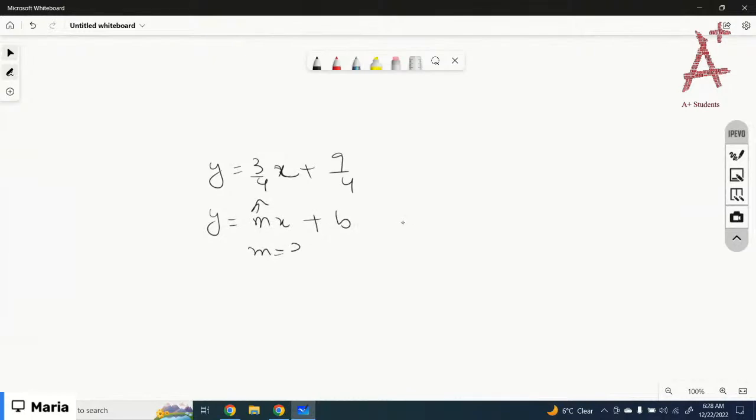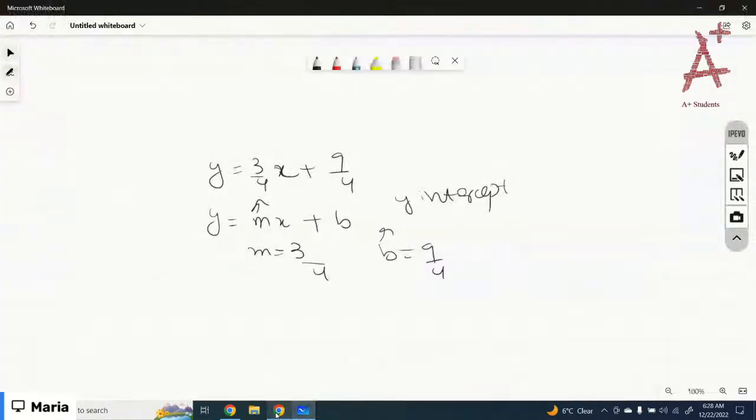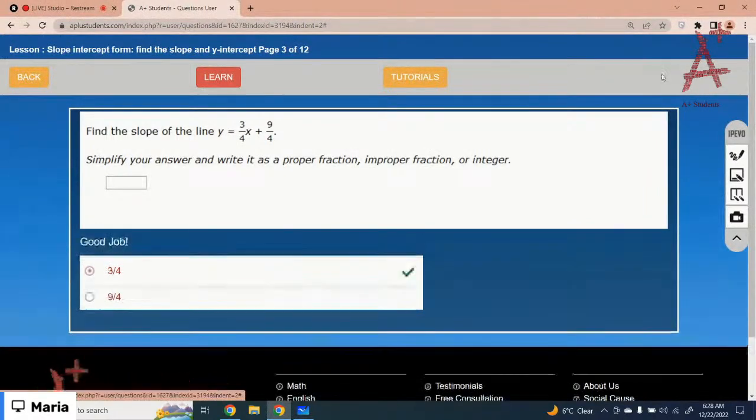M is 3 by 4, which is the slope, and b equals 9 by 4, which is the y-intercept of the equation. Got it? So what we have to find for this one, we have to find the slope of the line. Got it? So slope of the line is 3 over 4. Got it? So just select the correct option, then click on the OK button.